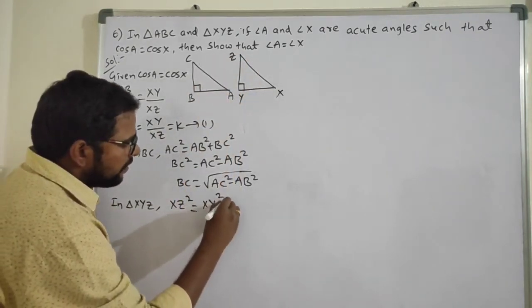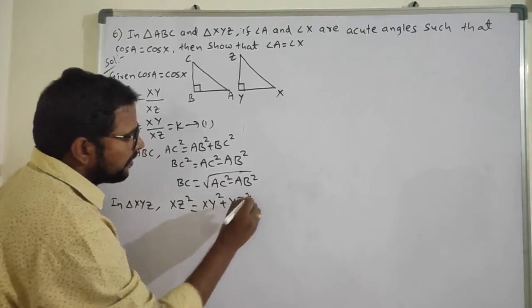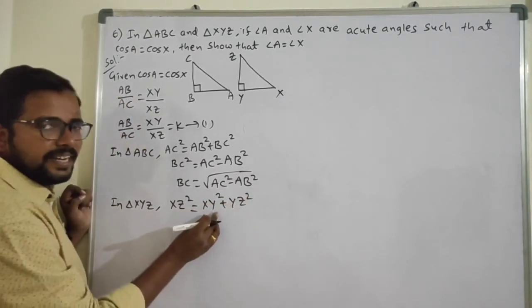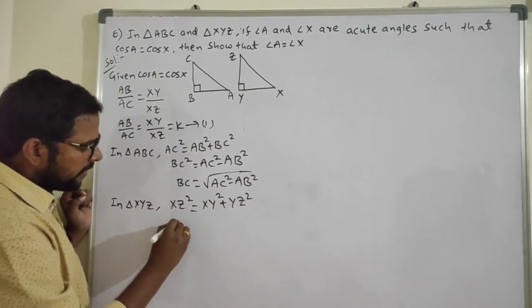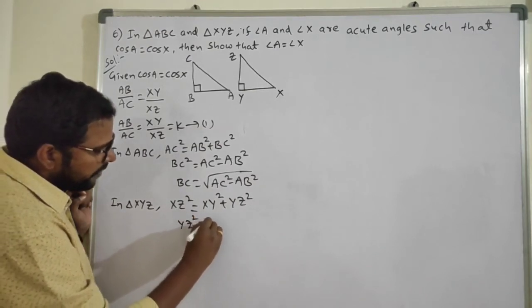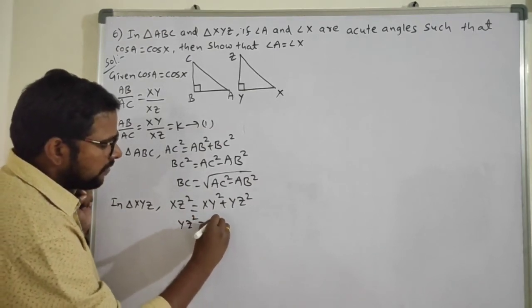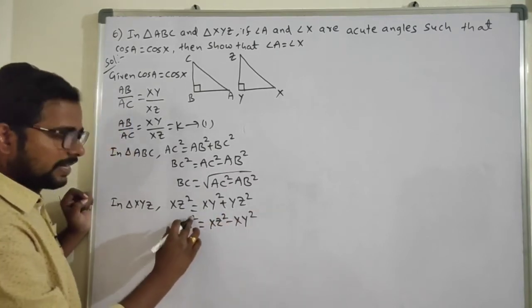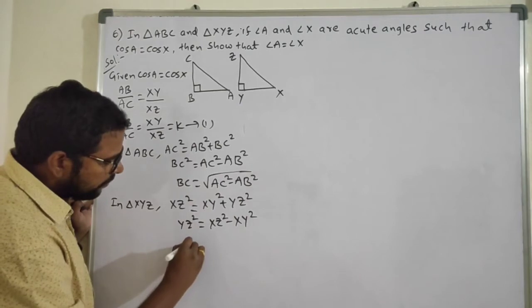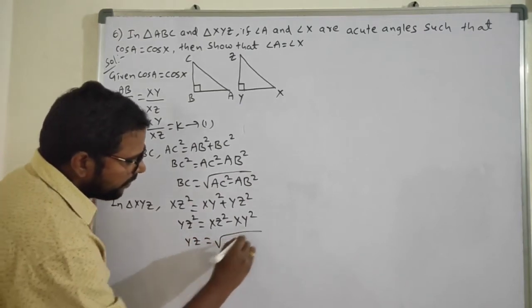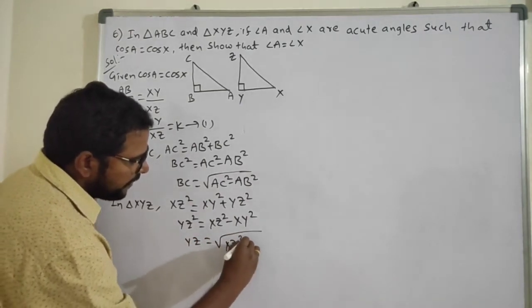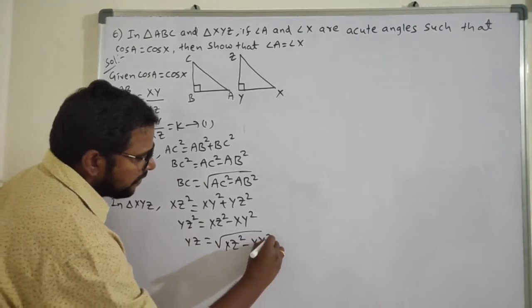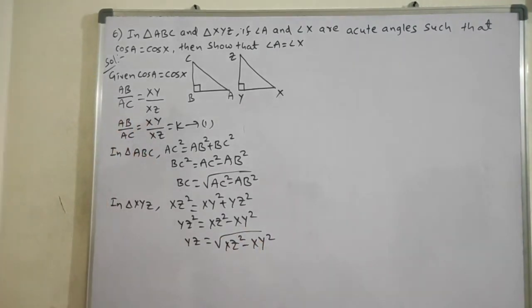Sending XY square to the LHS makes it minus. So YZ square is equal to XZ square minus XY square. Taking the square root, YZ is equal to the square root of XZ square minus XY square. And this is in triangle XYZ.